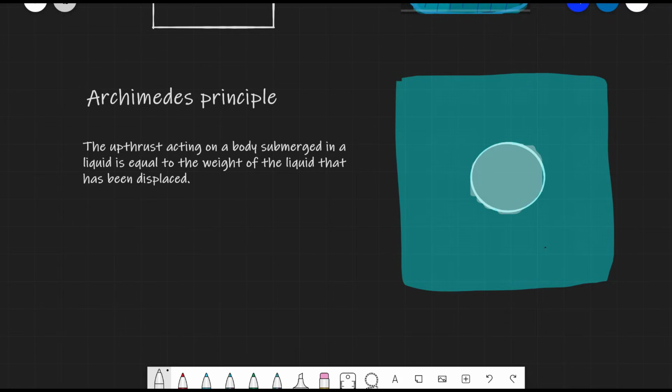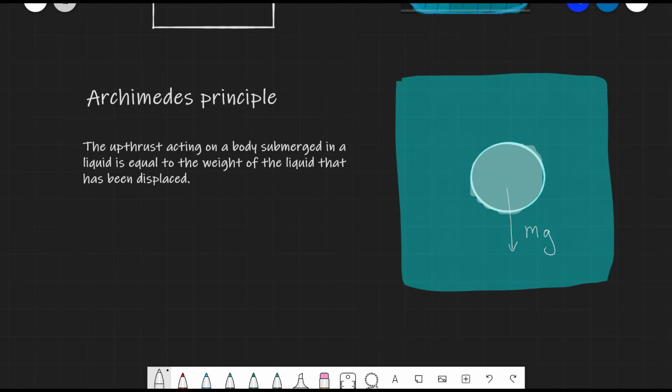Finally, let's revise Archimedes' principle. So Archimedes' principle states that the upthrust acting on a body submerged in liquid is equal to the weight of the liquid that has been displaced. So if I was submerging a sphere in water, what forces are acting on it? First off, we're going to have the weight, which is just mg, where m, of course, is the mass of the sphere.